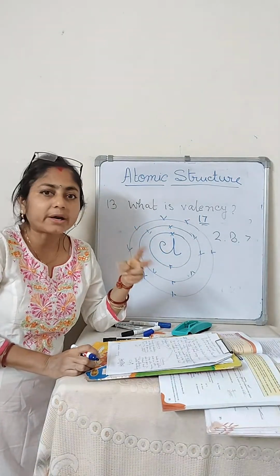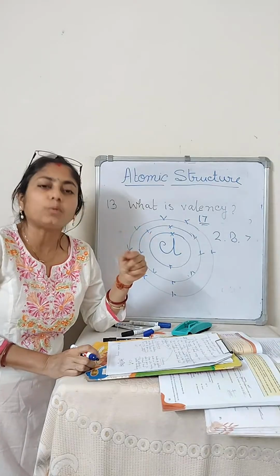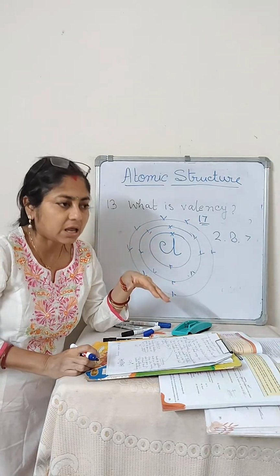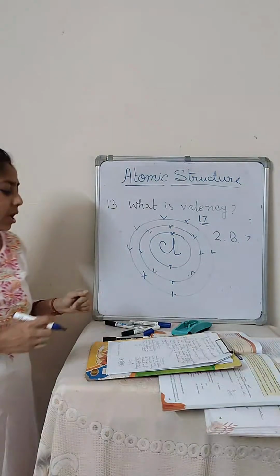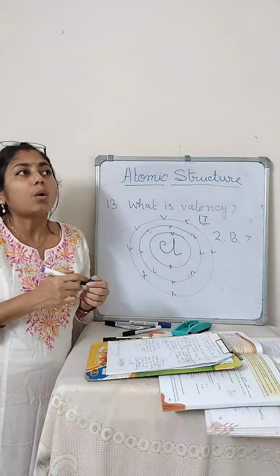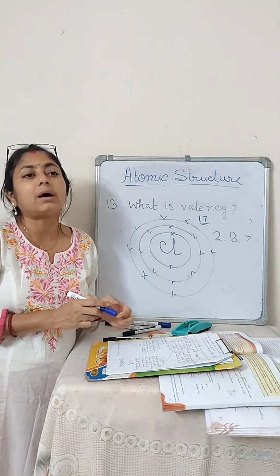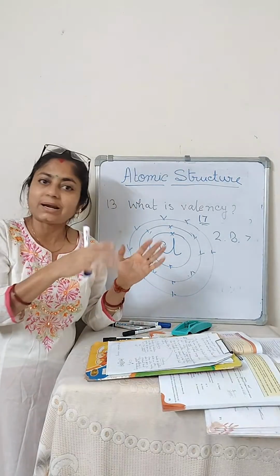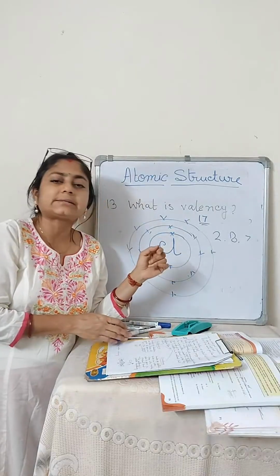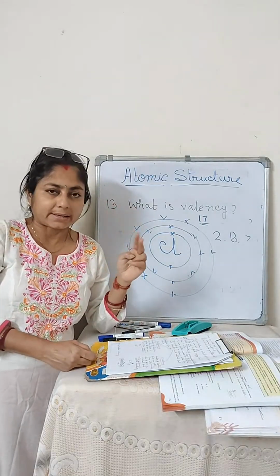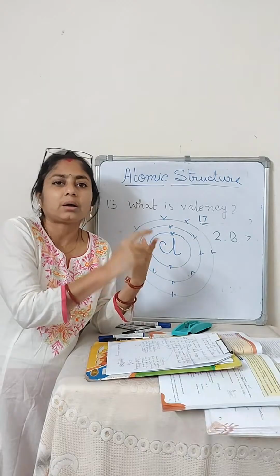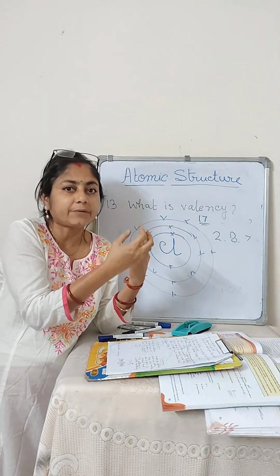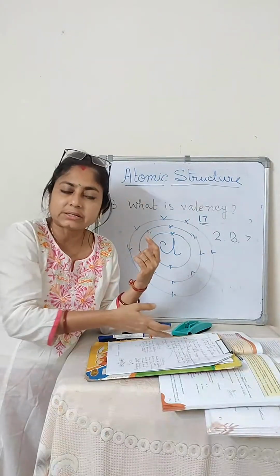Then chlorine has 2 ways to make the outermost shell 8, because I am telling you, all the atoms want to make the neon configuration, meaning 8 electrons in the outermost shell. In that case, chlorine has 2 ways. Number 1, chlorine can give 7 electrons to others.